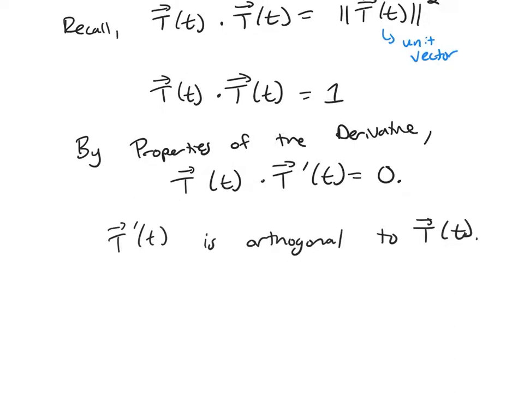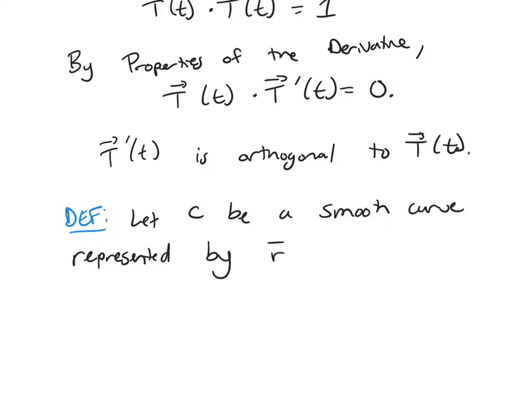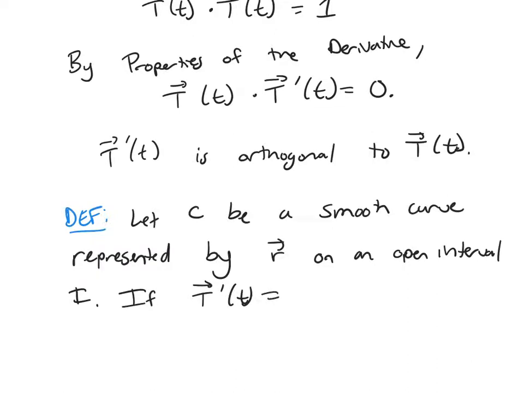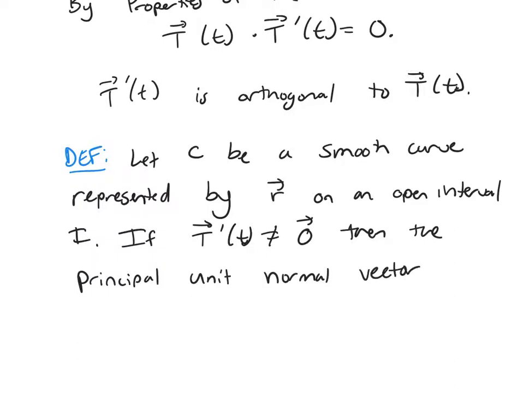All right, so now we're going to define our new vector. We're going to again suppose that C is a smooth curve represented by R on an open interval I. If T prime, the derivative of our unit tangent vector, is not the 0 vector, then we can define the principal unit normal vector at t.